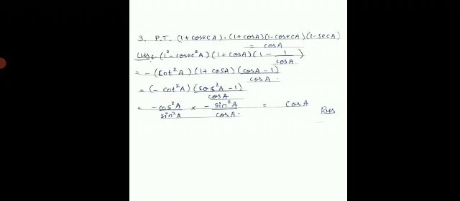Cosec square of A minus 1 is cot square of A, but the term here is 1 minus cosec square A. So you get minus of cot square of A.